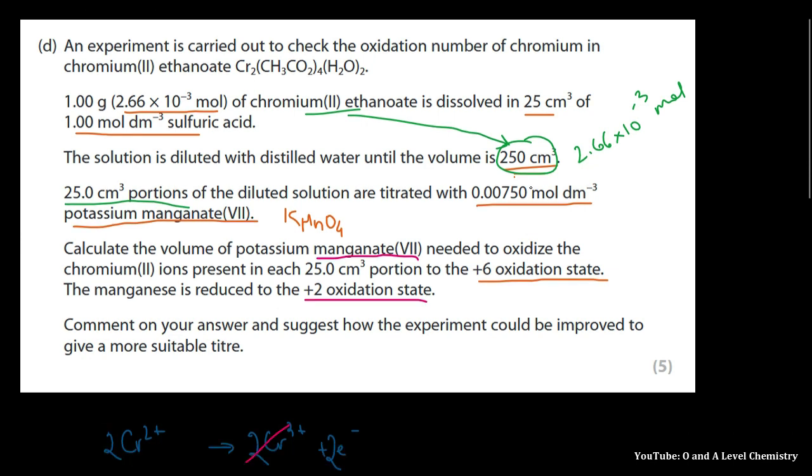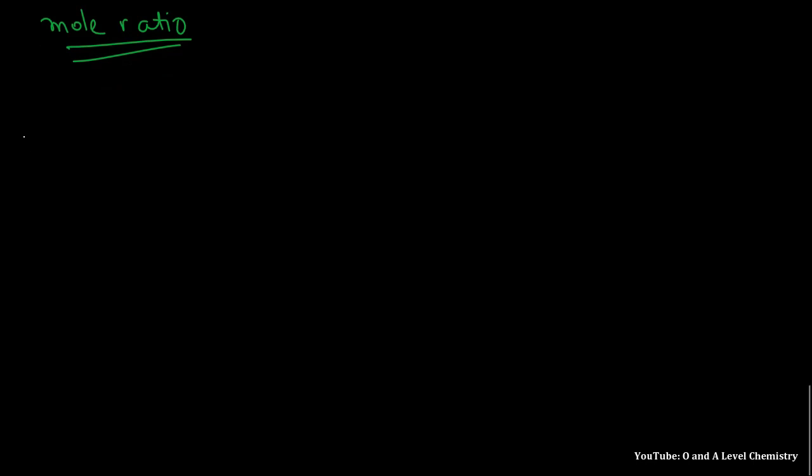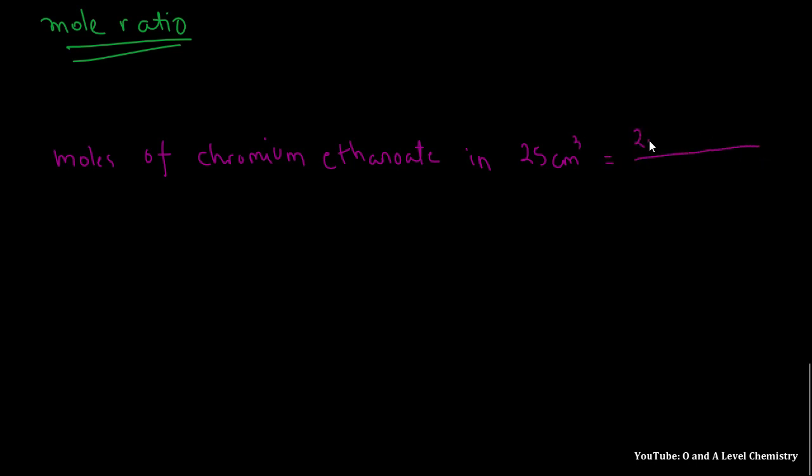So now I'll figure out the moles of chromium ethanoate taken. So the moles of chromium ethanoate in 25 cm cube is going to be the total moles, 2.66 times 10 to the power minus 3 mole, divided by 10, right?